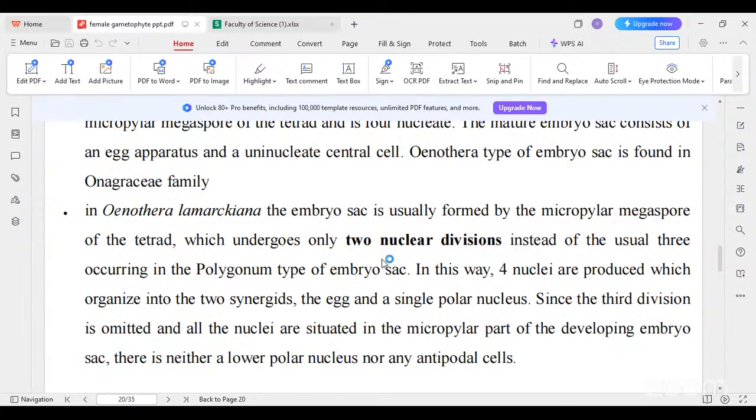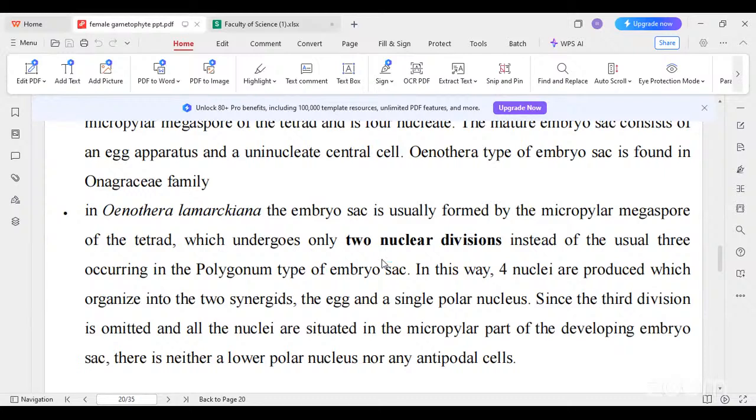This type of embryo sac is usually formed by the micropylar megaspore of the tetrad, which undergoes only two nuclear divisions instead of the usual three occurring in the polygonum type of embryo sac.